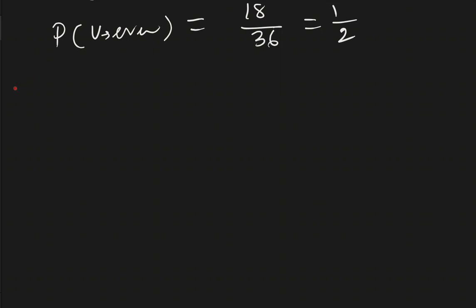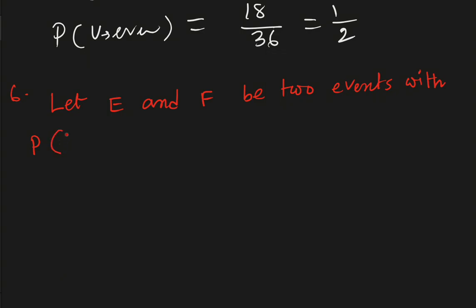Okay, question number 6. Let E and F be two events with P(E union F) equal to 0.6, probability of E is 0.3, probability of F is 0.4.